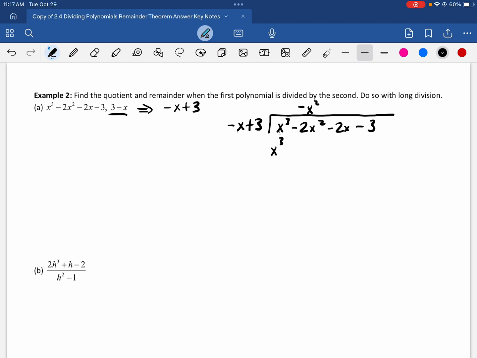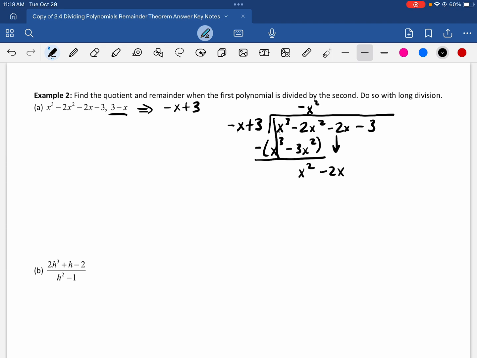Then I'm going to do -x squared times 3. That gives me -3x squared. And then I'm going to subtract. X cubed minus x cubed cancels out. -2x squared minus -3x squared is just going to be an x squared. And then I bring down the minus 2x.